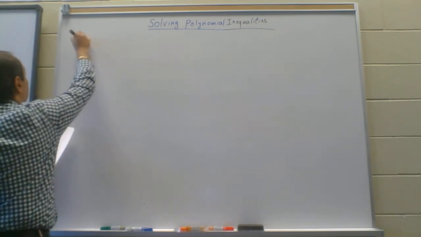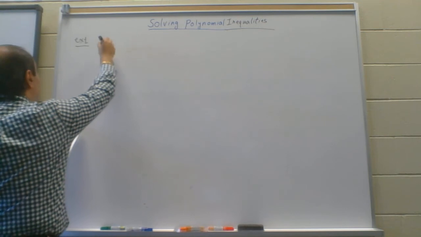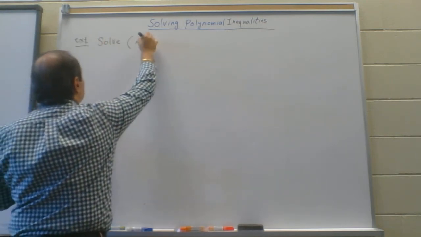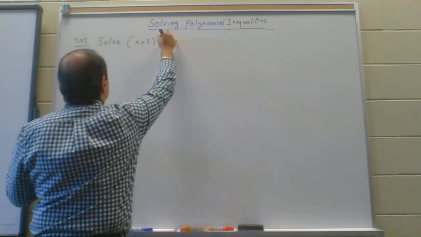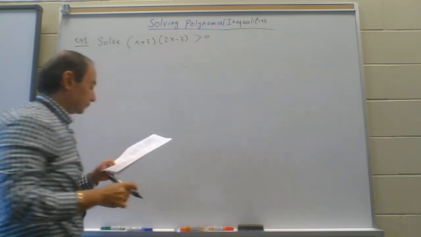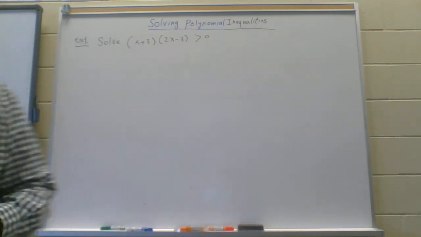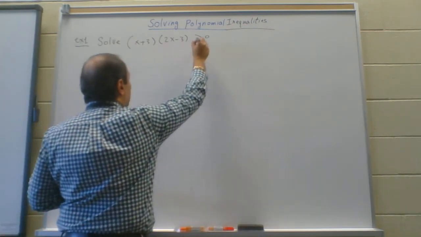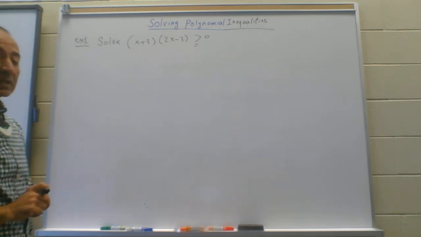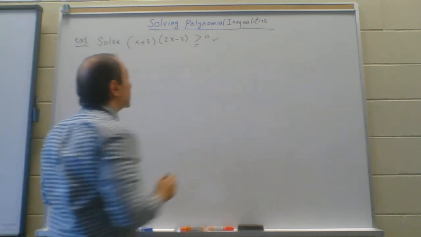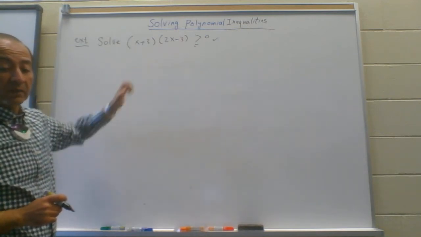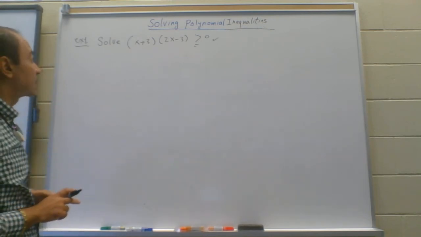Example 1: solve x plus 3 times 2x minus 3 greater than 0. This is an inequality because we have this sign. And we need to follow the steps. We must have a 0 on one side. Yes, we do. The second thing, we need to factor completely. It is given to us factored already, so we don't need to do the second step.